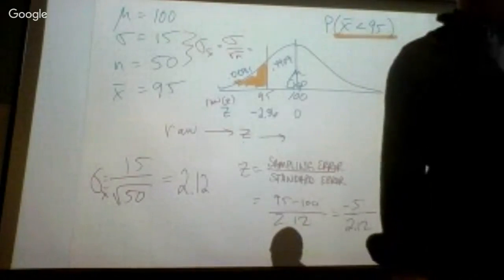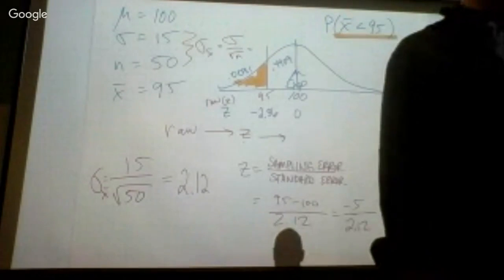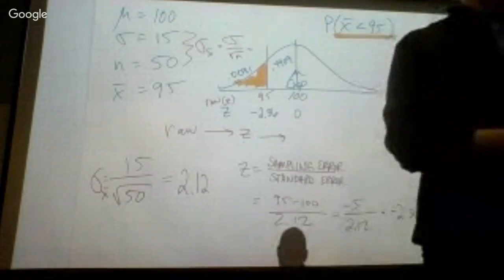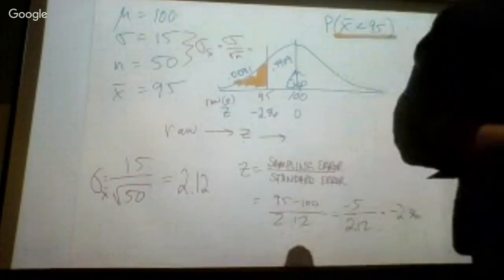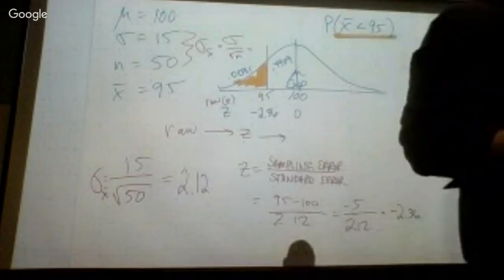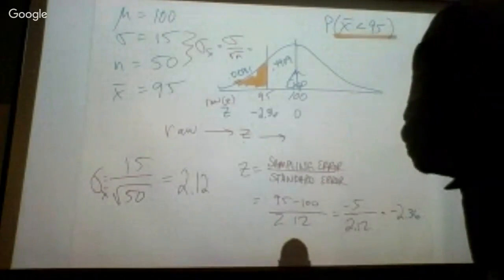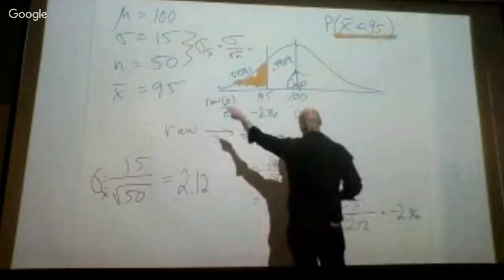I use those intentionally. I don't like IQ so much that I still put quotes around it. Anyway, you select 50 people at random. What's the probability that those 50 people have an average IQ of 95 or below?